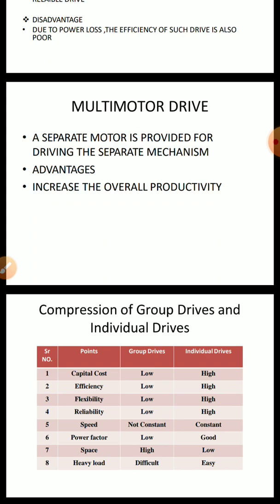If you compare these two, group drives and individual drive, individual drives are more popular and more applicable as compared to the group drives with respect to these eight points. Like capital cost, efficiency is high, flexibility is high, reliability is high, speed is very constant, power factor is good, space required is low, and a heavy load can easily be governed by the individual drive.